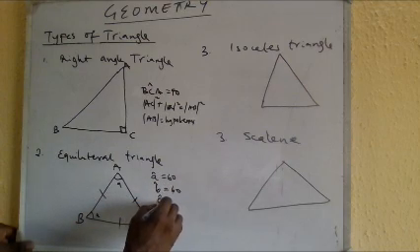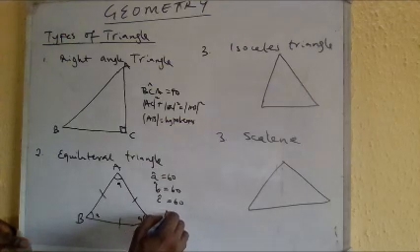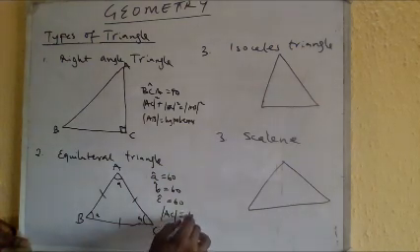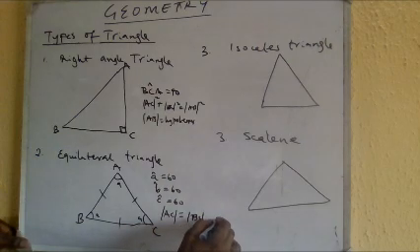So all angles are equal, all sides are equal. So I have line AC is equal to line BC is equal to line AB. They are all equal.